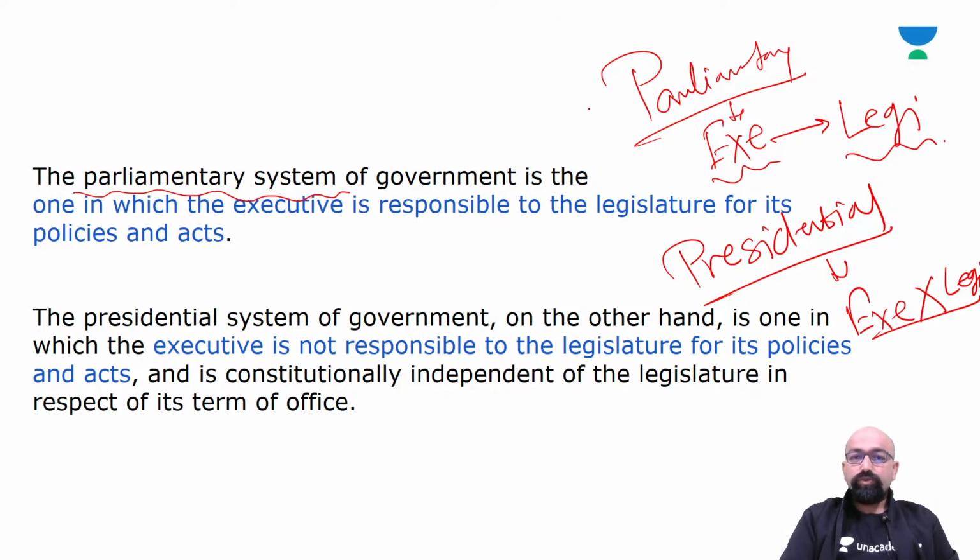So these are the two major differences between parliamentary and presidential systems: in the parliamentary system, the executive is responsible to the legislature, and in the presidential system, the executive is not responsible to the legislature for its policies and acts.